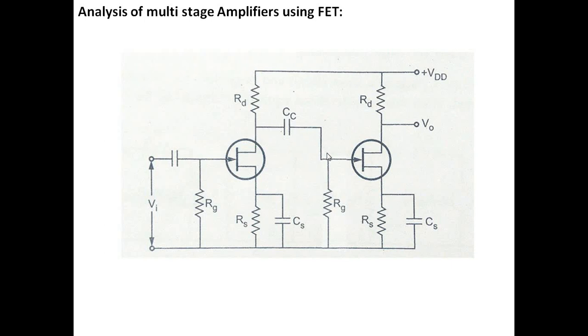The output of stage 1 is connected as an input for stage 2 by using a coupling capacitor, and we have the externally connected drain resistors, then RS source resistances, then the source capacitances, and all these are used for providing the biasing of the FET in order to ensure it works as an amplifier.